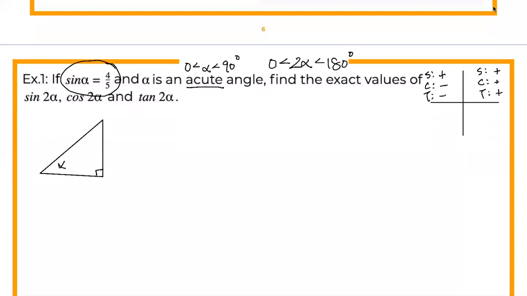Okay, so here's my alpha. That means that I can label the opposite side 4 and my hypotenuse 5.